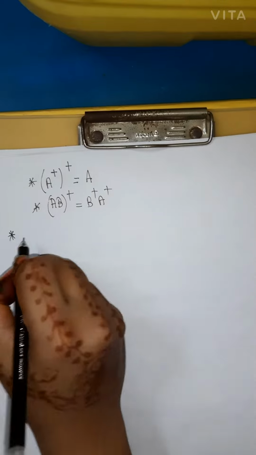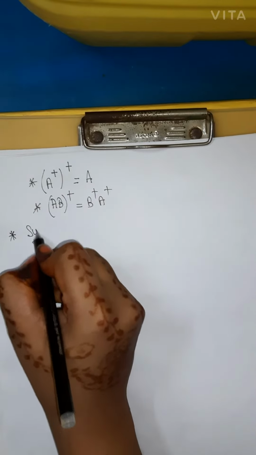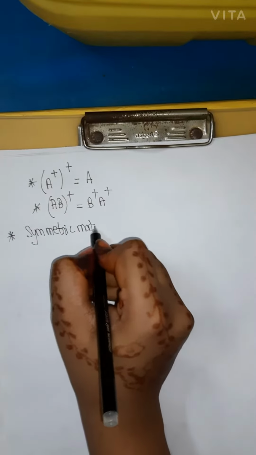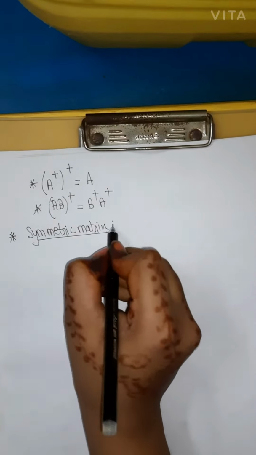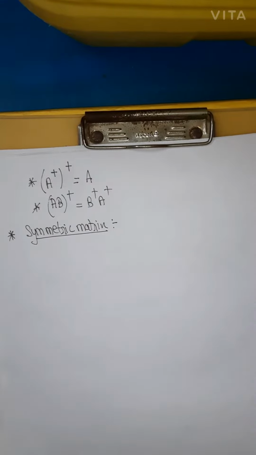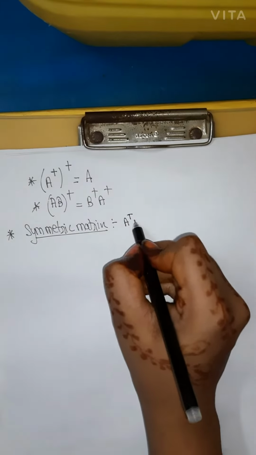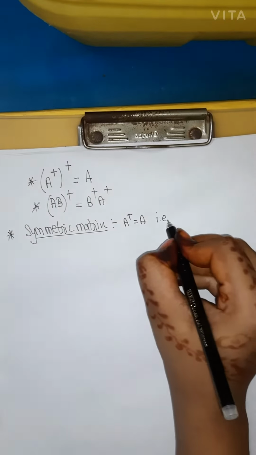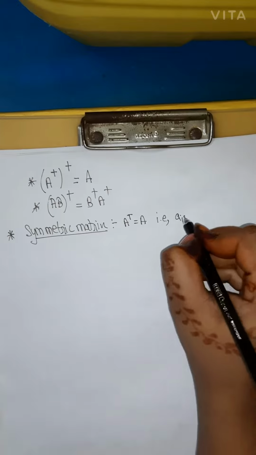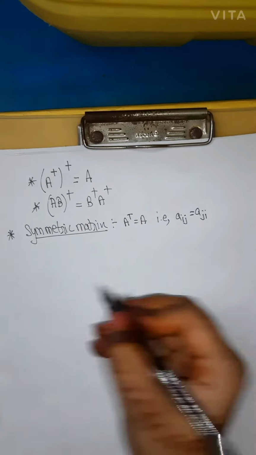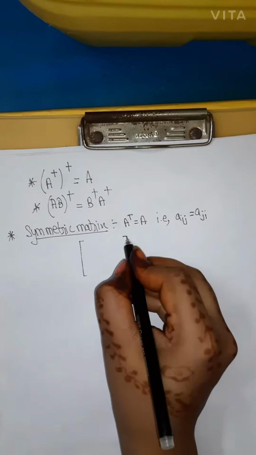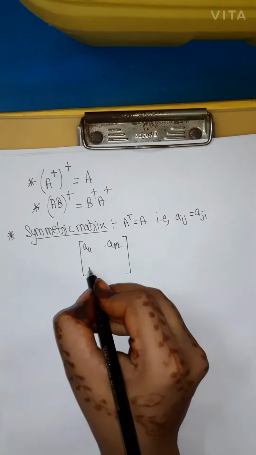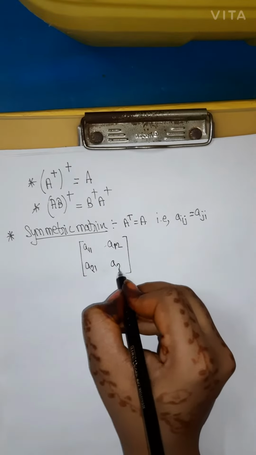Now let us see what a symmetric matrix is. Here A transpose will be equal to A, that is, Aij is equal to Aji. So for a 2 cross 2 matrix we will write A11, A12, A21 and A22.